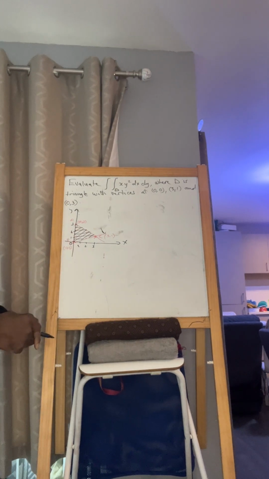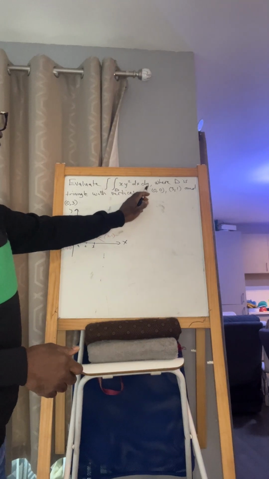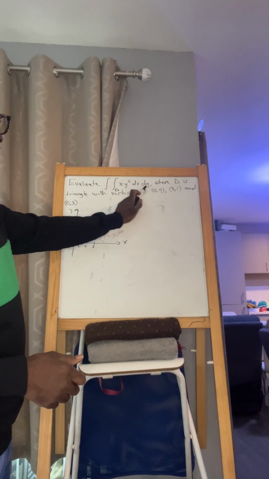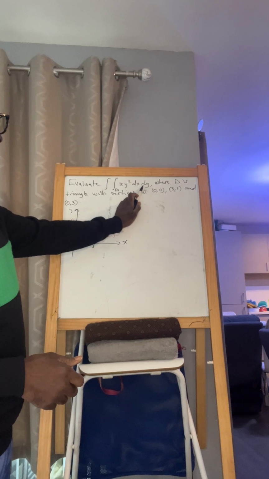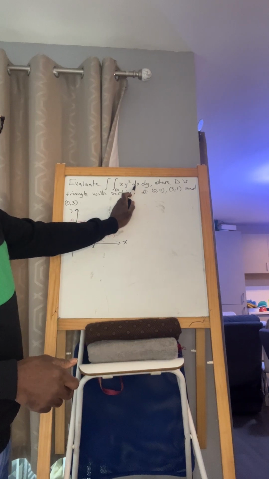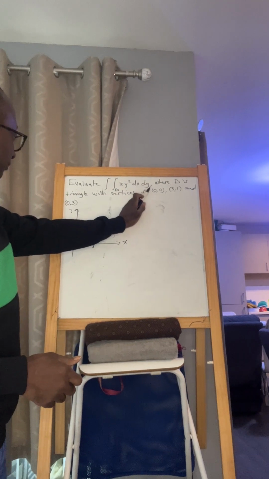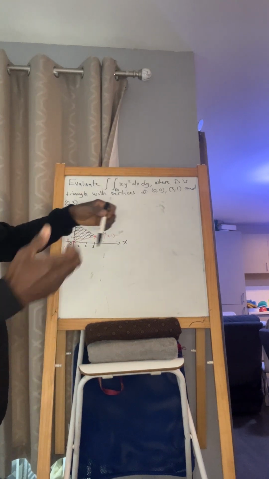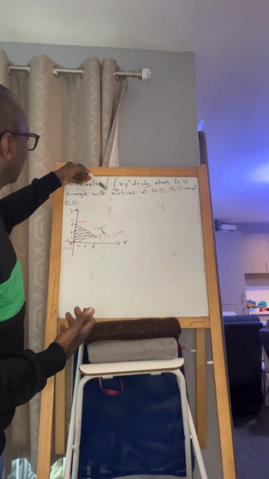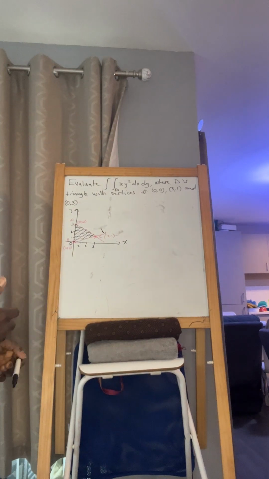There's a simple way of doing it, in which case you interchange this dy dx. Instead of the x first, the y second, you do the y first and the x second. But then that will make you have to do something with the limits of these integrals.